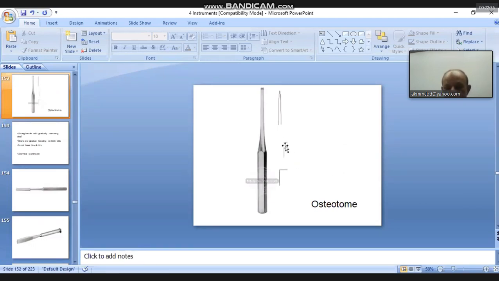And this is another instrument. This is known as osteotome. With this, we cut the bone. Actually, we cut the bone with osteotome, and we put this instrument and we strike this instrument with a hammer here, and the bone is cut.